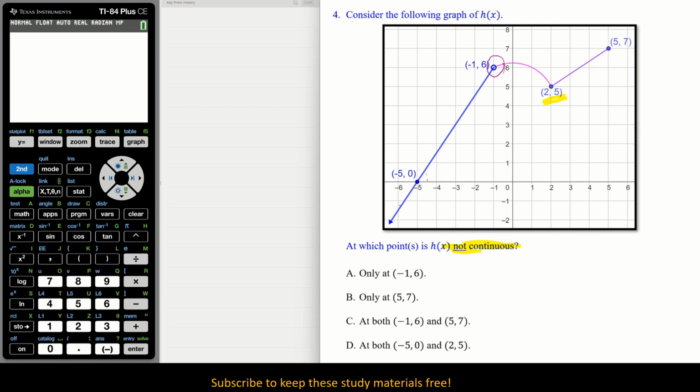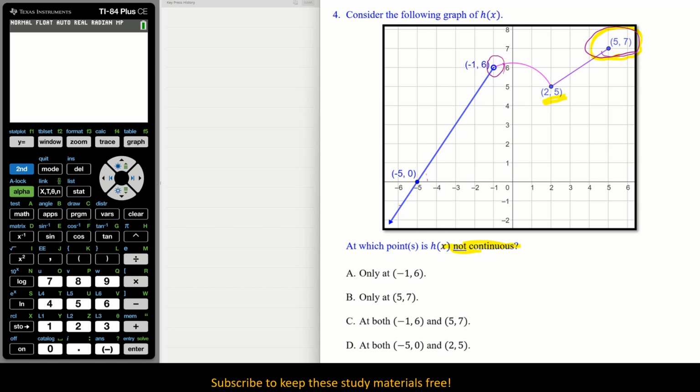However, let's look at this endpoint right here, the 5 and the 7. We have something coming from one direction, and that's it. We get there, we stop, and nothing happens. Obviously, it has ended. It is an endpoint.